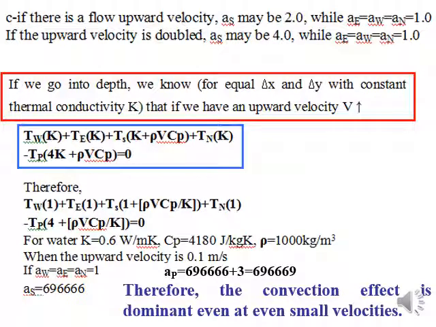It's stronger than we expected. So convection effect is dominant even at small velocities. This is why in our engineering we love convection. We love the currents and the fan to produce air motion, the pump to produce the circulation of the fluid. So you know that in our engineering we have flow going everywhere.